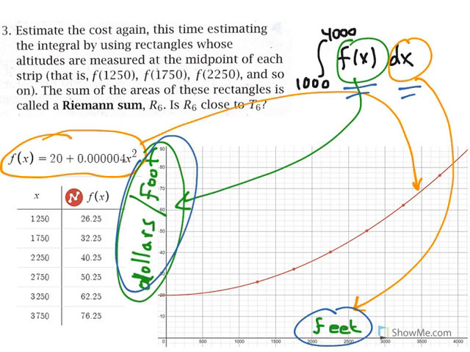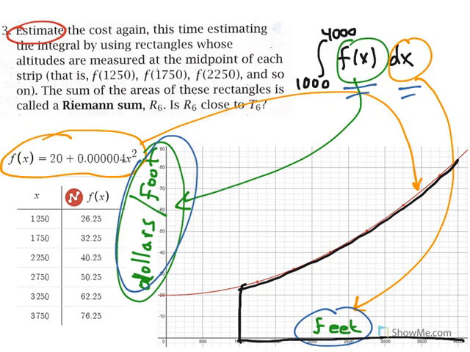And this problem number 3 is asking you to estimate this cost by finding the area that is under the graph of the function f, above the horizontal axis, between the vertical lines x equals 1,000 and x equals 4,000.